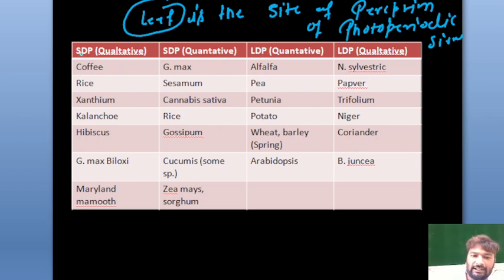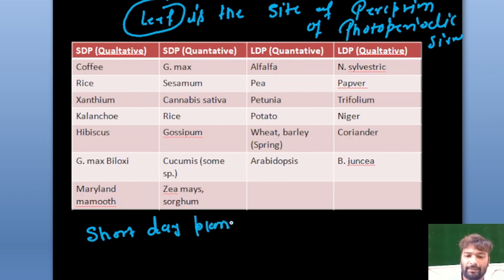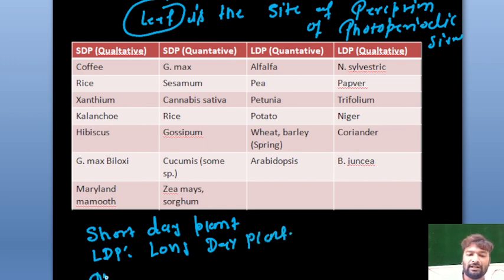Plants are classified into SDP, short day plant; second is LDP, known as long day plant; and third is the day neutral plant, DNP.